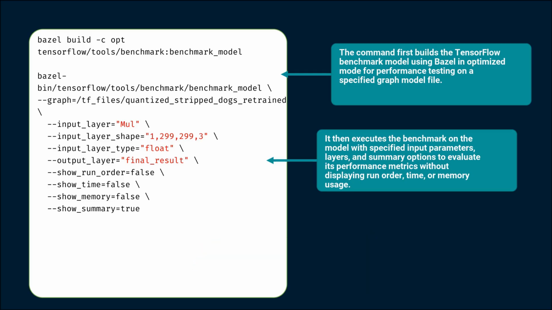Setting the -show summary flag to true allows us to receive a detailed output of the model's performance metrics. This is essential for assessing how many computations the model needs during inference. All of this is critical when making informed decisions about model deployment, especially when comparing models like MobileNet and Inception v3. It really reveals the trade-offs between speed and accuracy in real-time applications.